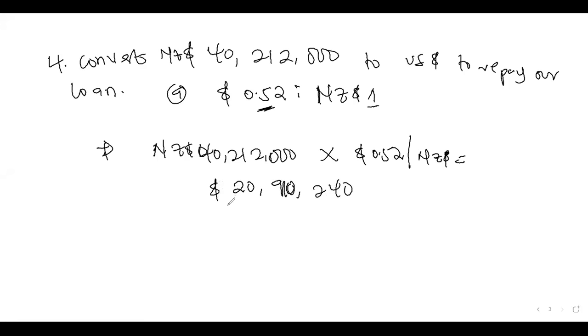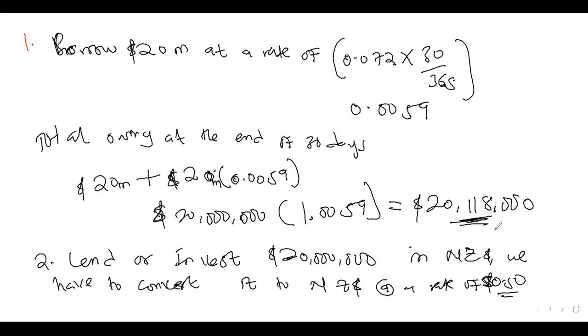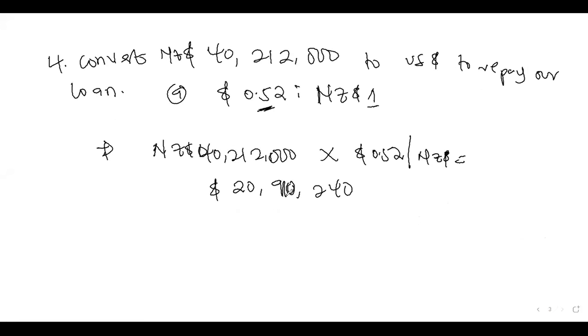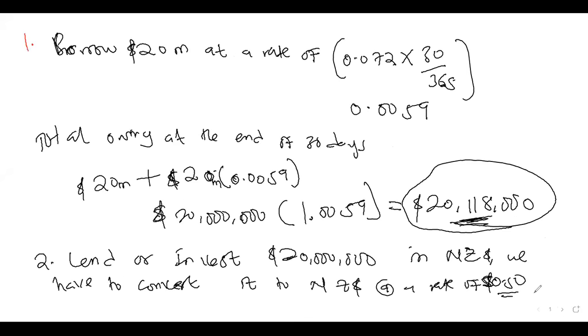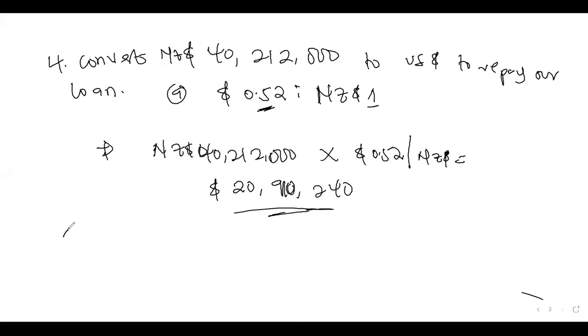So this is the total amount you've gotten from your investment. But remember that in 30 days, we also owe this. That's why we computed it. In 30 days, we've earned this figure, but we also owe this in US dollars. So what is your total profit?